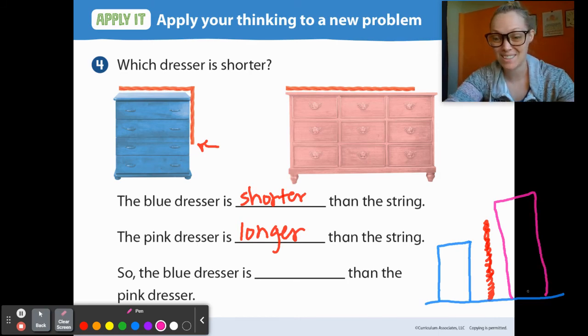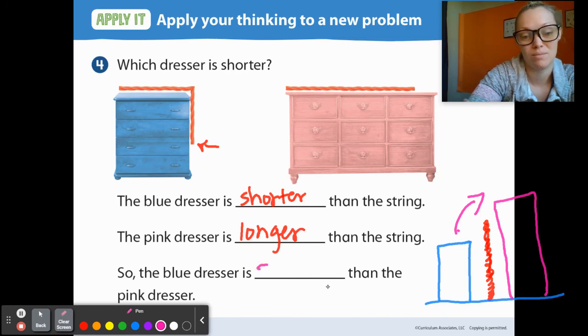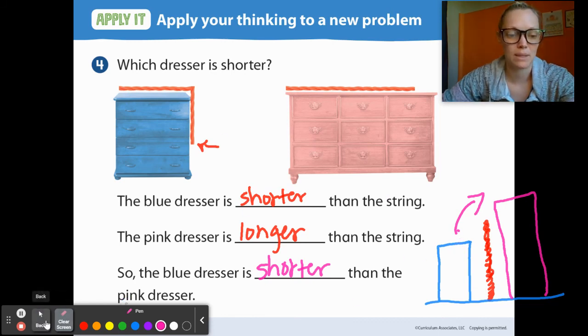So now you can easily see that the blue dresser is shorter than the pink dresser. These type of pictures will help you. So if you're not sure, draw a picture, draw that string, and then draw your shorter and your longer objects and see what happens. If you don't need to draw the picture and it makes sense, then don't draw the picture.